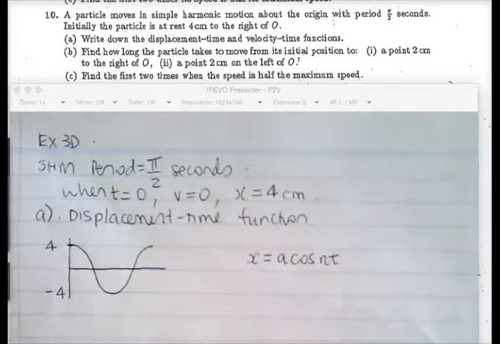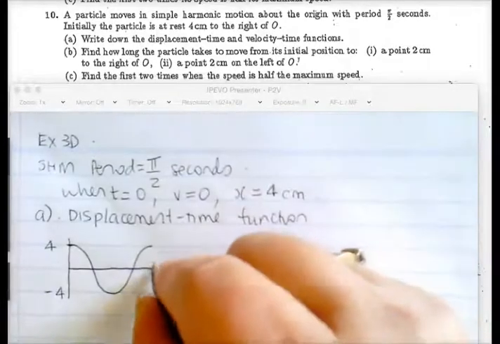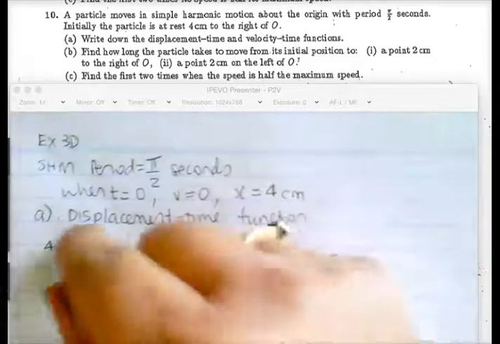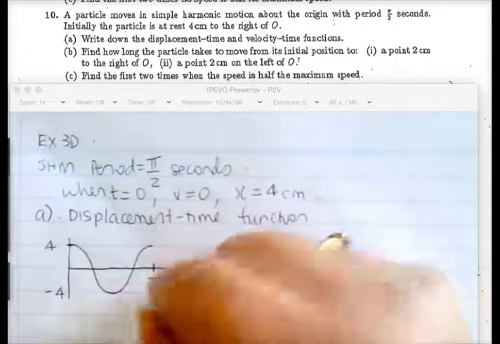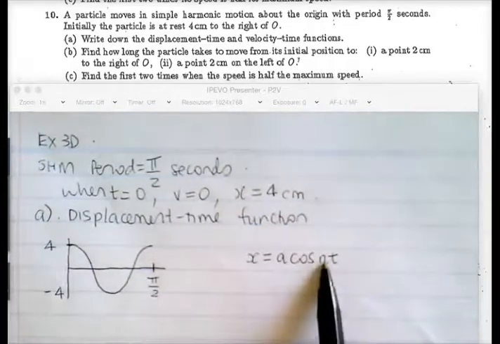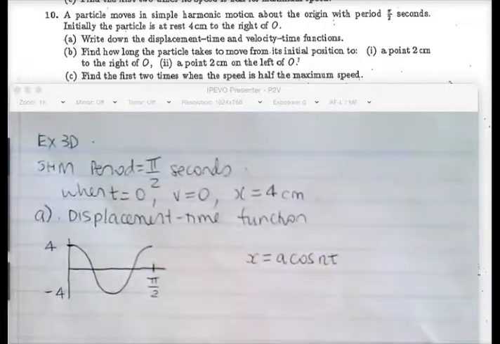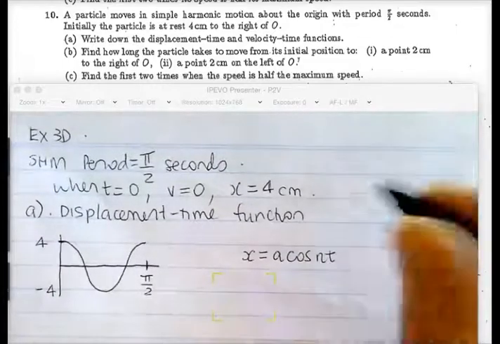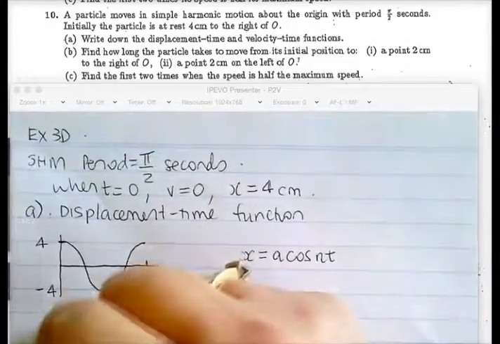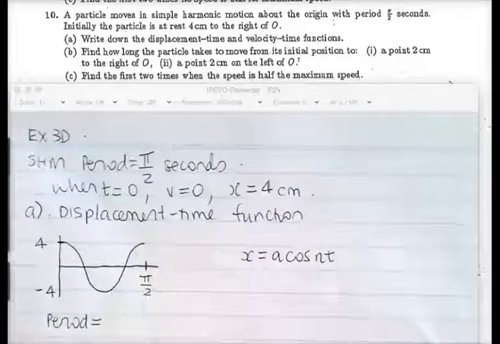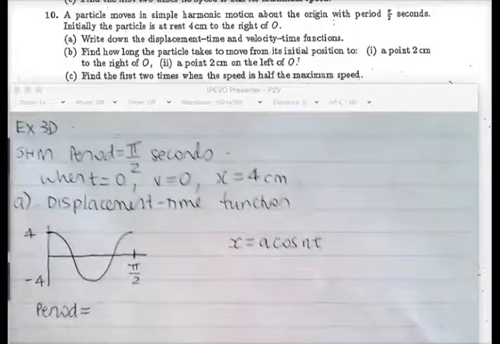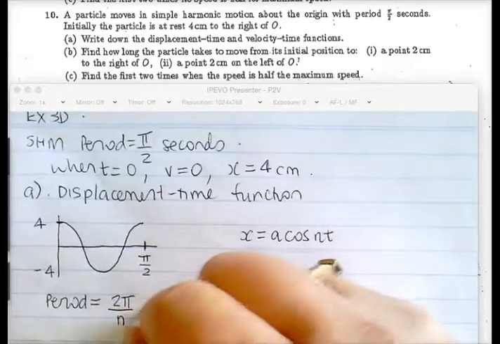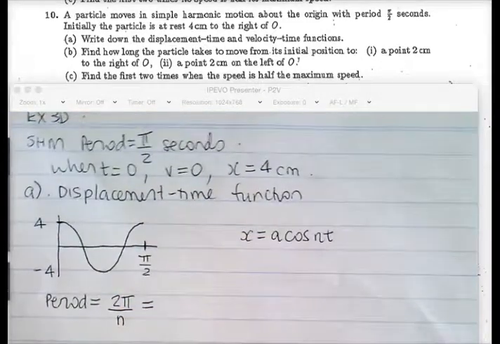But we've got to work out what n is, girls. So what was the period of this? It's in the question. Period is pi on 2, so one full cycle is pi on 2. What's the formula for working out the period? 2 pi on n is equal to whatever your period is.